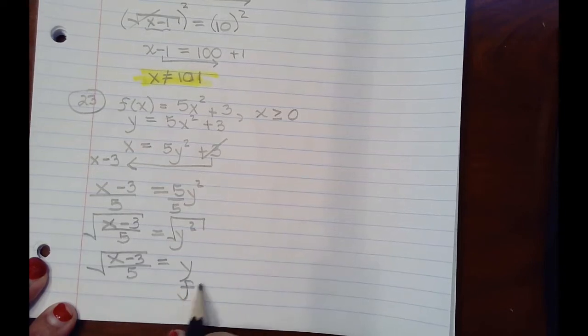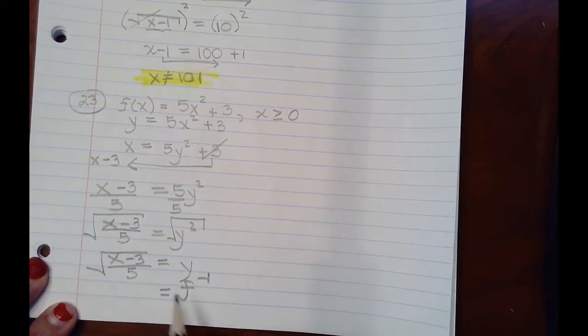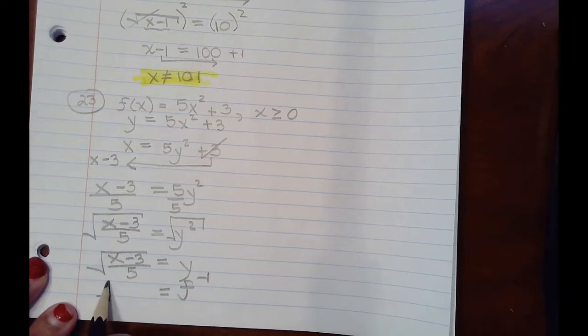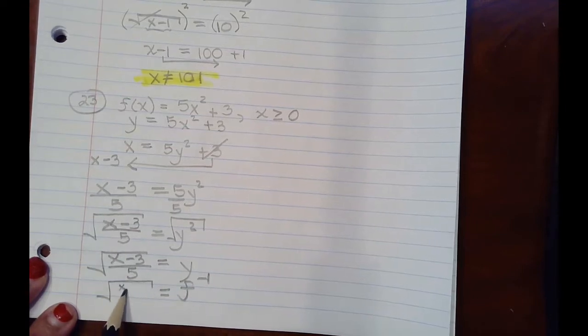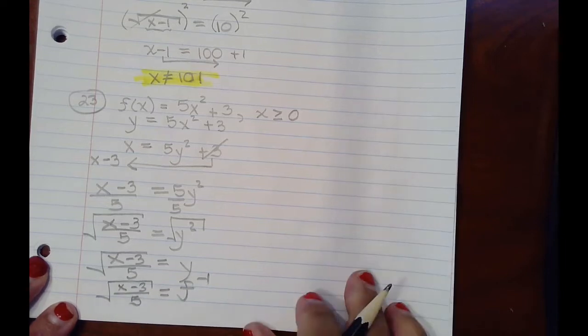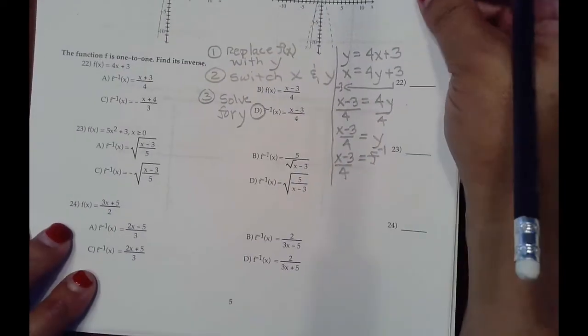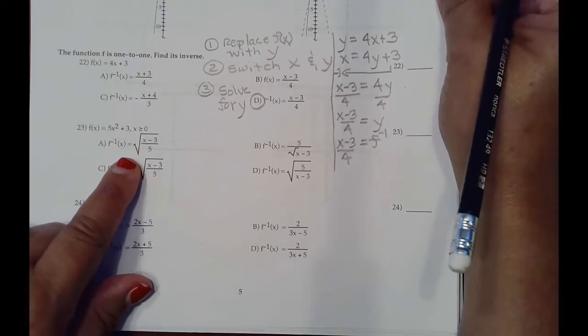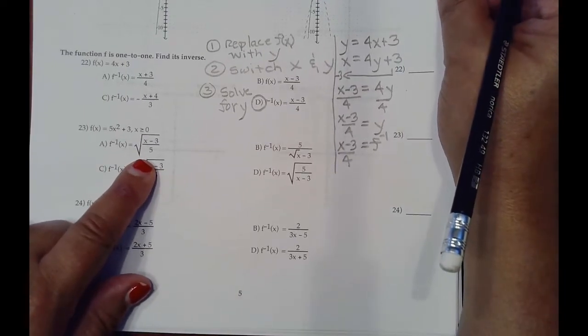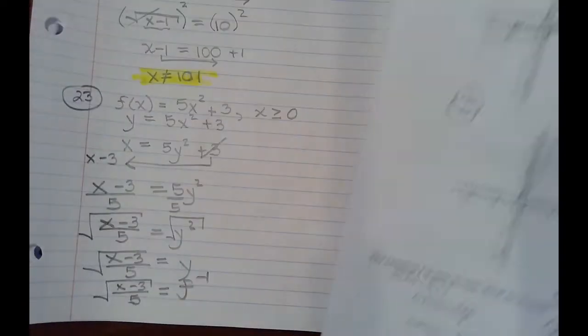And that is your inverse. Put the inverse symbol in place of that new y that you've solved for and copy the inverse function that you've created over on the left side. For 23, that is going to be choice A. Square root of x minus 3 over 5.